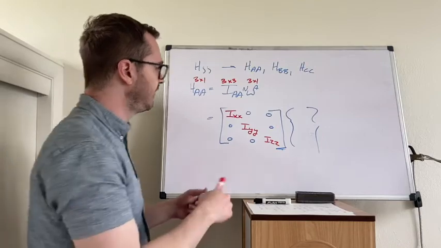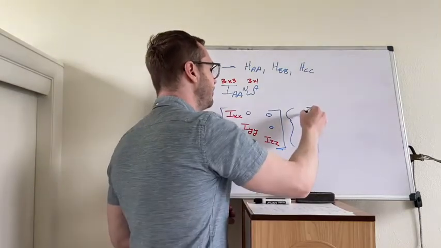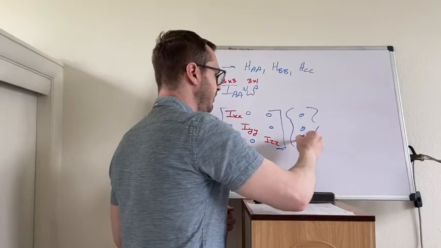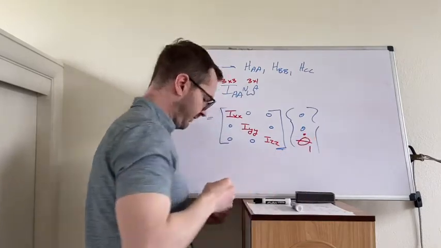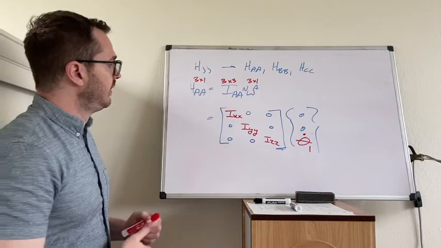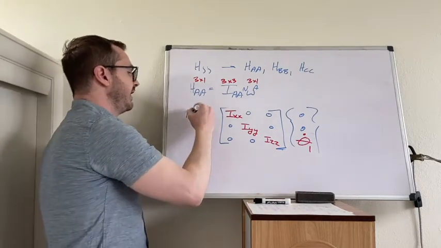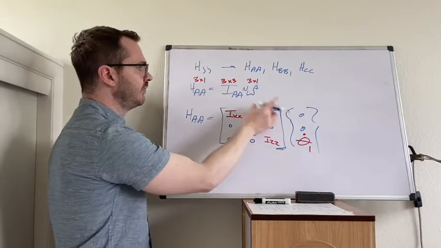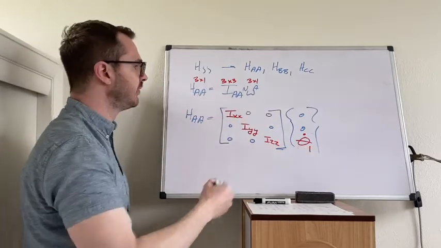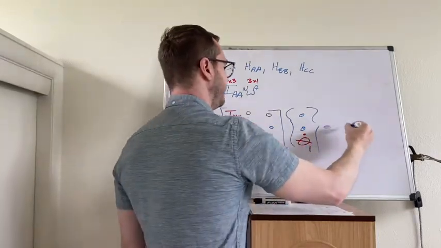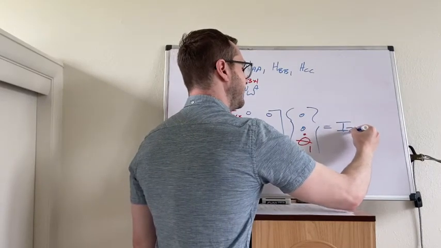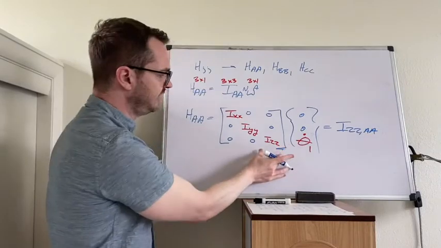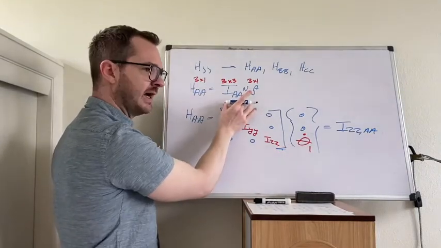This was 0, 0, and then theta 1 dot was here. So this is H_AA, here is I_AA, here is omega NA. We perform this multiplication and we get I_ZZ comma AA, so this is the I_ZZ term out of the I_AA matrix.